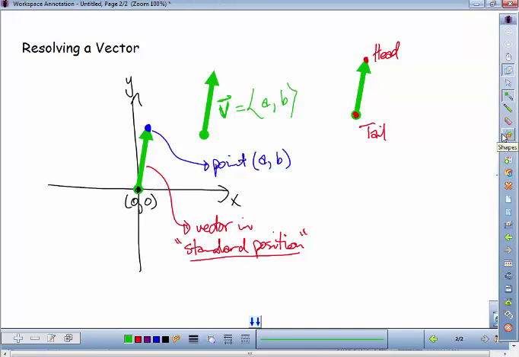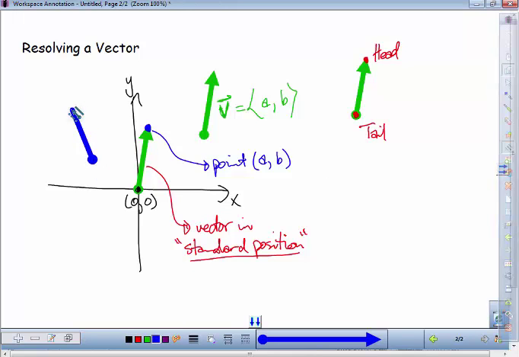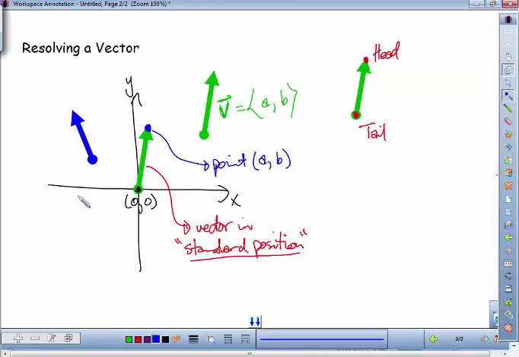So that's one way to think about resolving a vector. Now say we had another vector over here, and let's give it actual values, like, I don't know, -2, 1, and -3, 3.